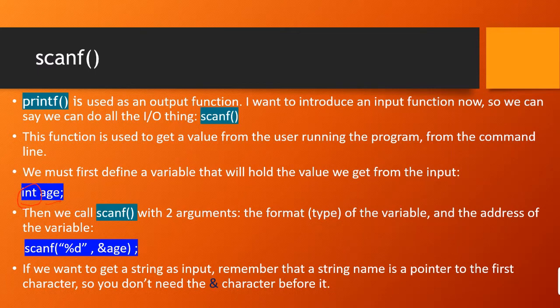Then we call the scanf function with two arguments: the format type of the variable, which is %d because we are using an integer, and the address of the variable.